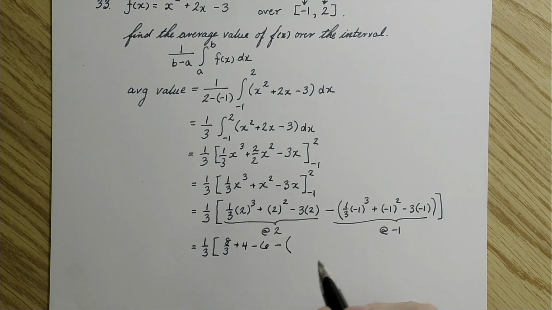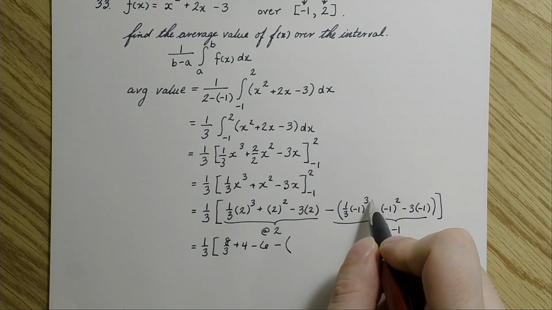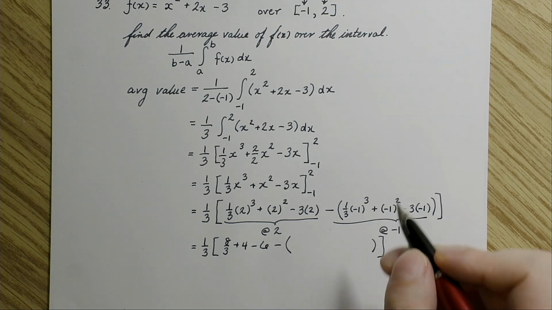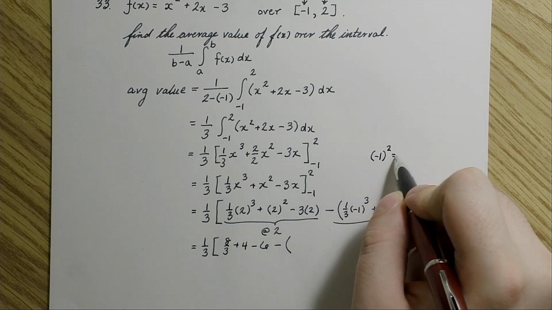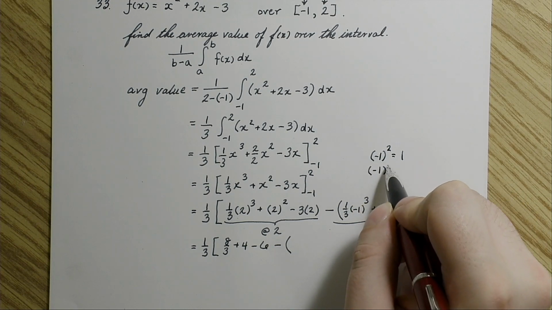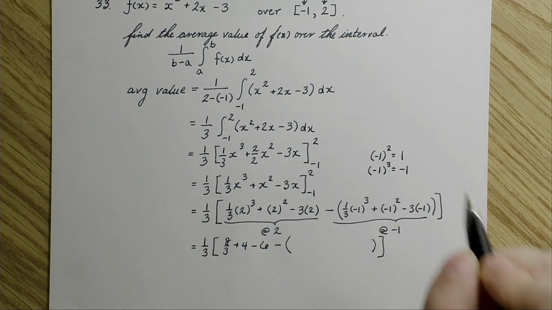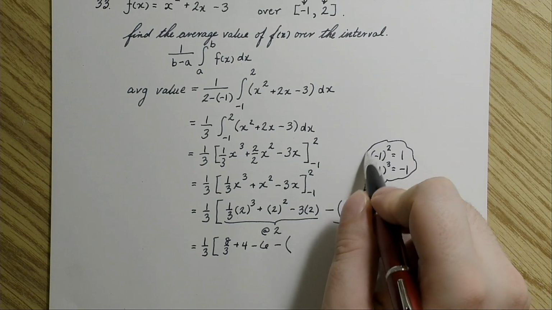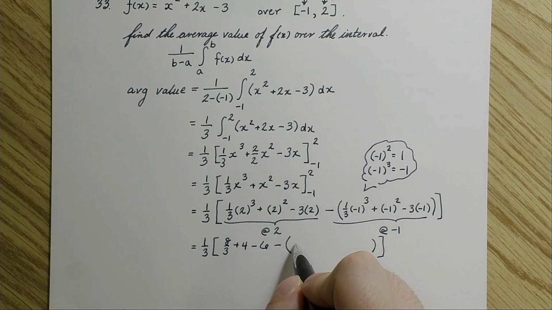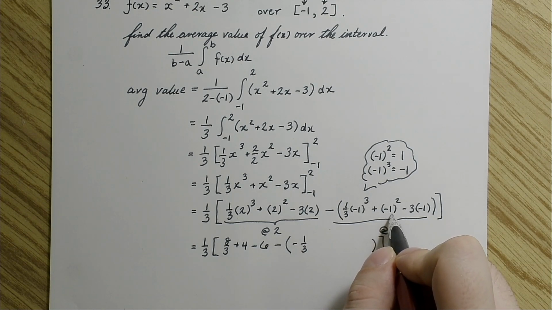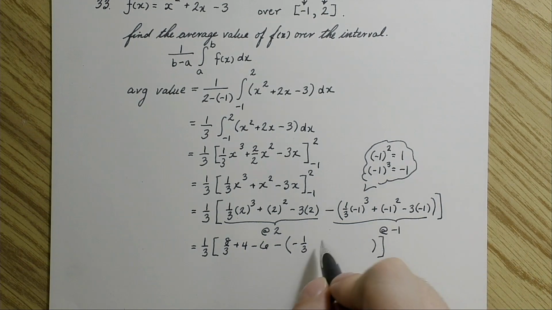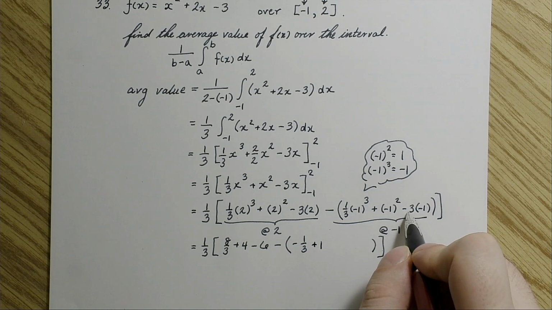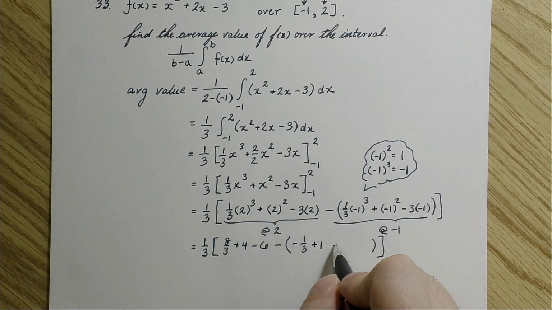I have a minus here. I'll just put brackets again, just to remind me. I have a minus 1 cubed. If it's a squared, like if I had minus 1 squared, that equals 1. But if I have minus 1 cubed, that's minus 1. So just be careful about that. So it should be a minus 1 over 3. And then I have a minus 1 squared, so that becomes a positive, so plus 1. And then I have minus 3 times minus 1 gives me plus 3.